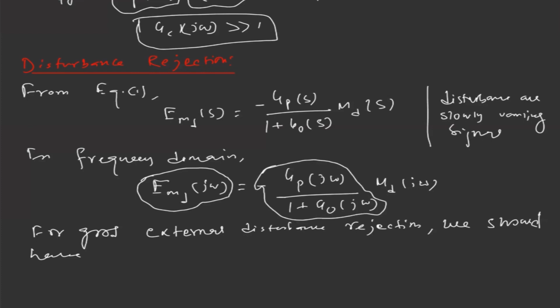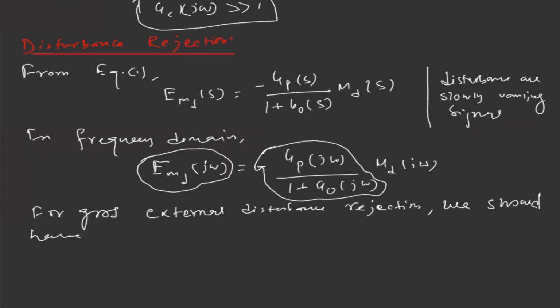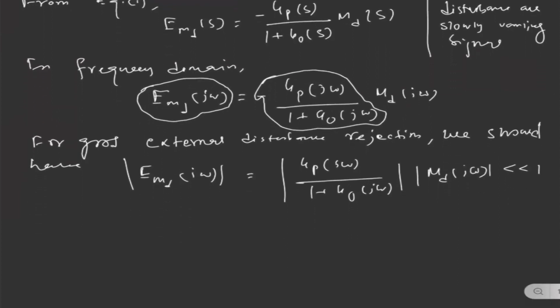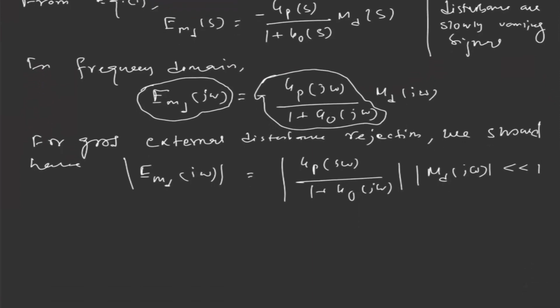So we should have the magnitude of E_MD j omega, equal to G_P j omega upon 1 plus G naught j omega, M_D j omega, be very, very low. So this condition is valid in the low frequency range.